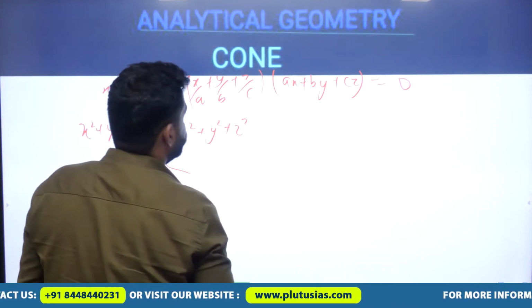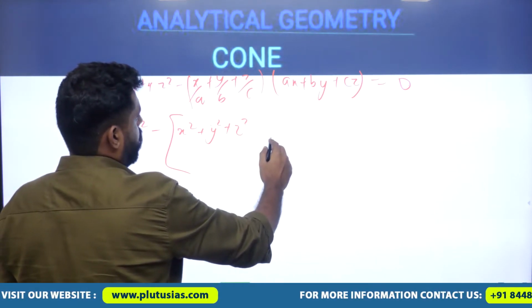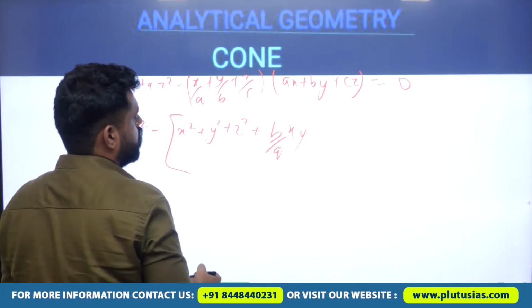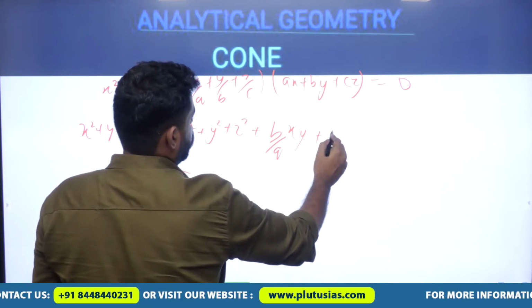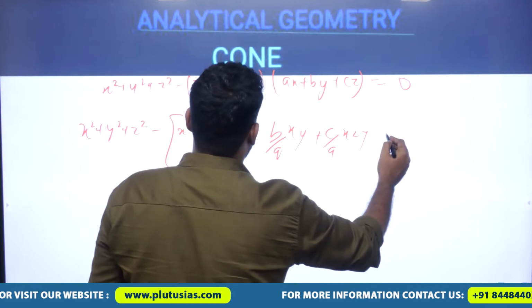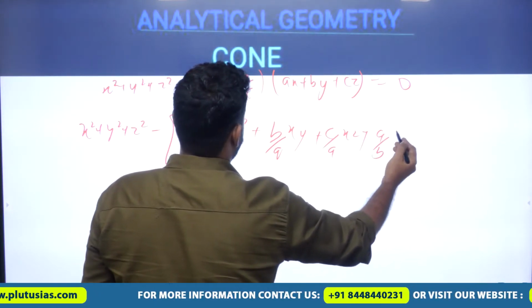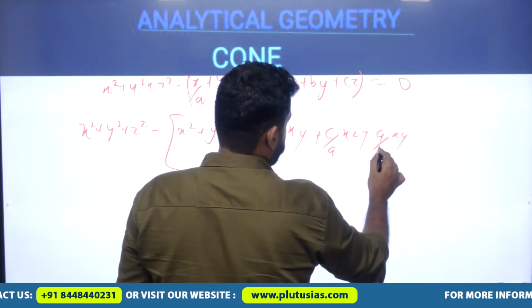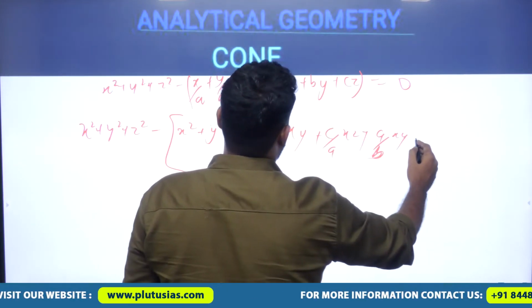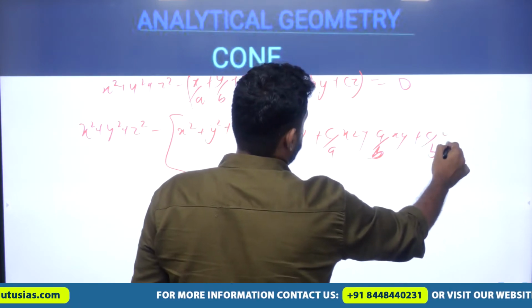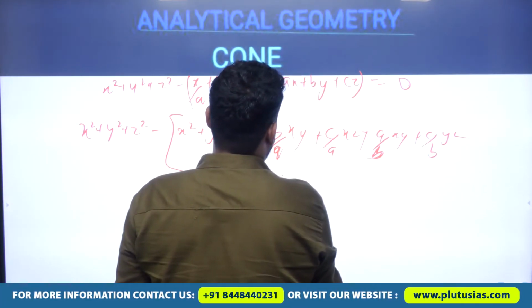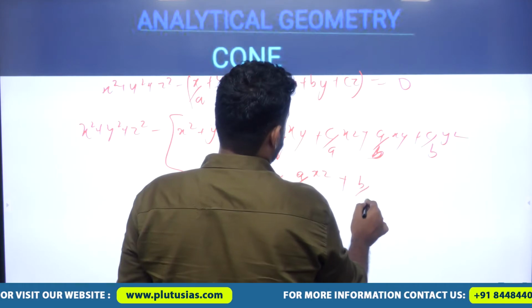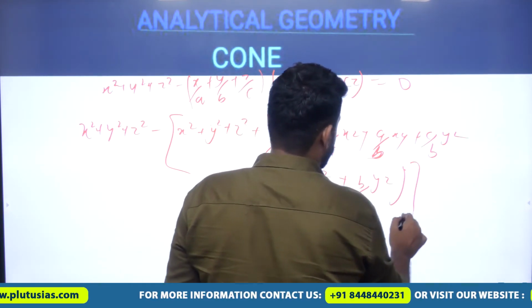Now this multiplies by this is b upon a xy, c upon a xz, plus this a upon b xy, and c upon b yz, plus a upon c xz, plus b upon c yz equal to 0.